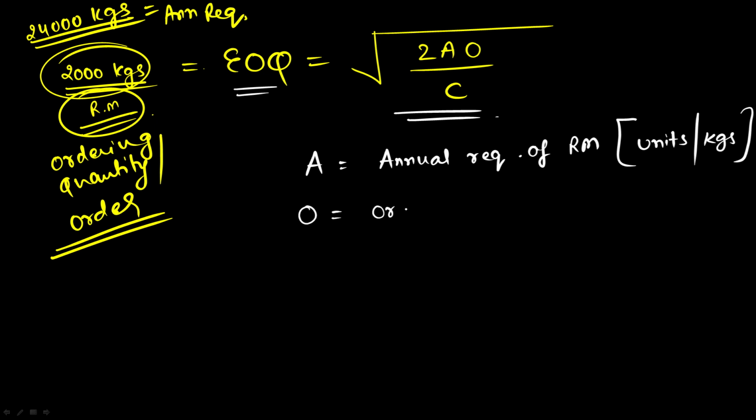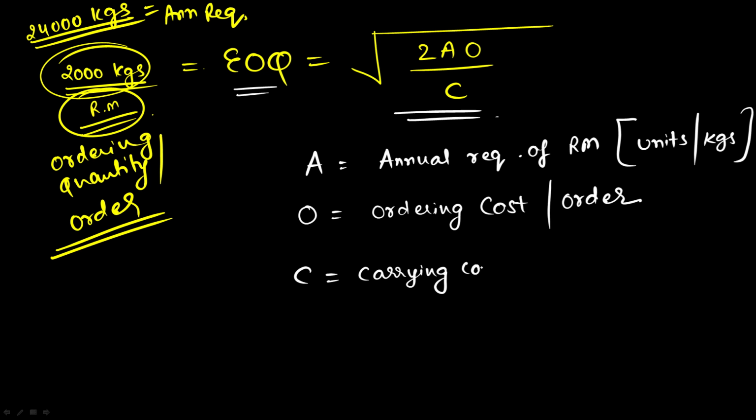O is ordering cost per order. If there is one order, what will be the total cost of that one order? And C is carrying cost per unit per annum.